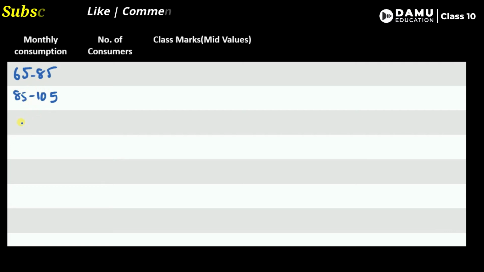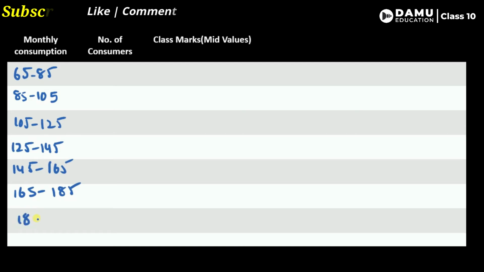Then 105 to 125, then 125 to 145, then 145 to 165. Simply we are adding 20 to the upper values. Then 165 to 185, then 185 to 205. So these are the values.